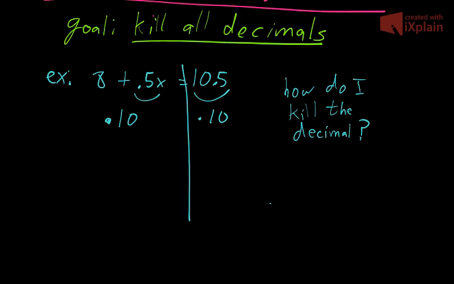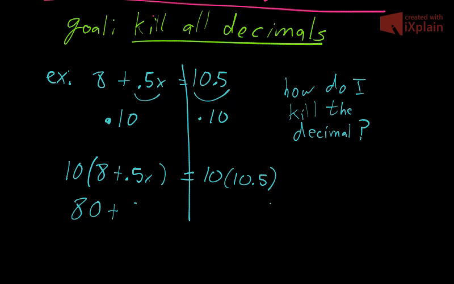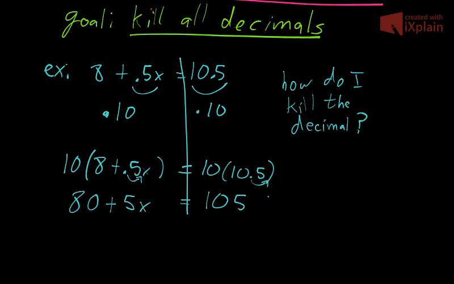When we do that, we want to remember that this is going to be 10 times 8 plus 0.5x, because we're going to multiply the whole side, equals 10 times 10.5. This 10 is going to distribute in, and I end up with 80 plus 5x equals 10 times 10.5, which is going to be 105. I just moved that decimal right over. And just like that, I have a problem with absolutely no decimals.